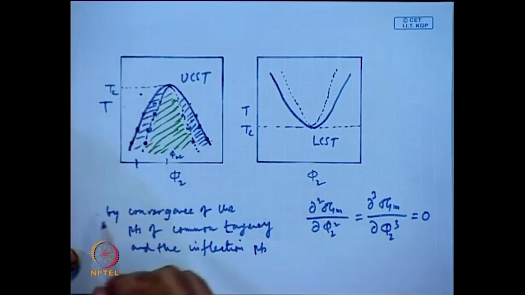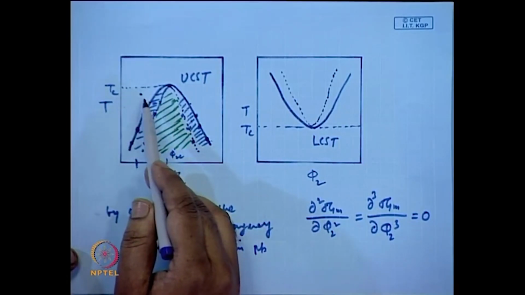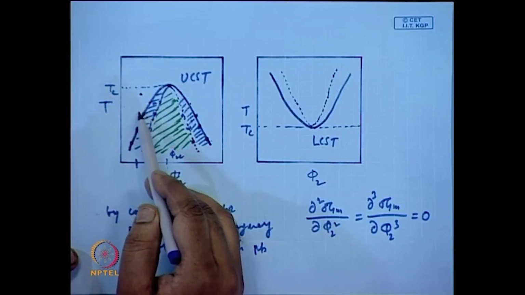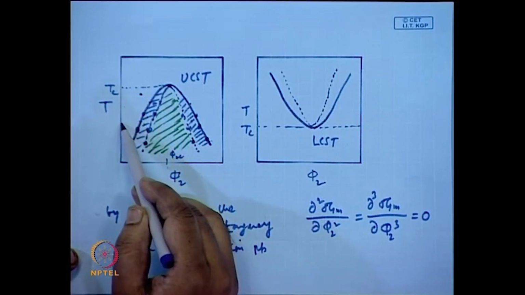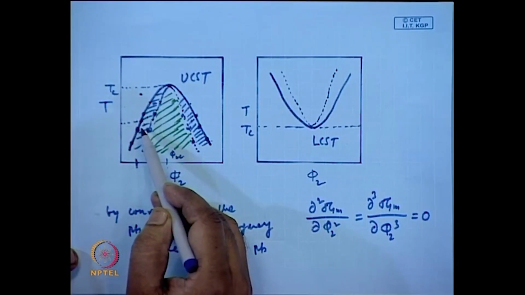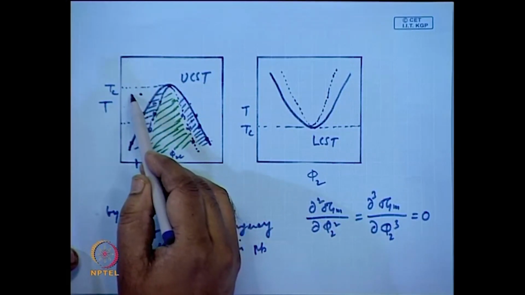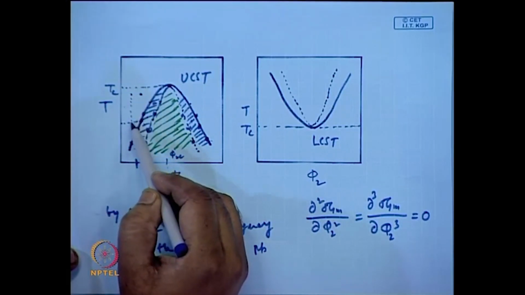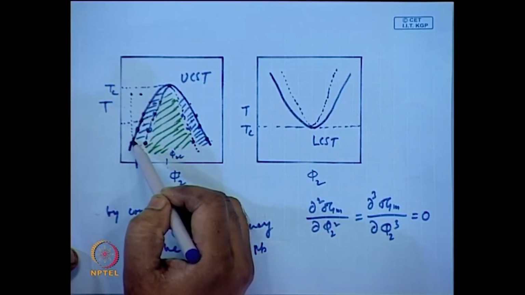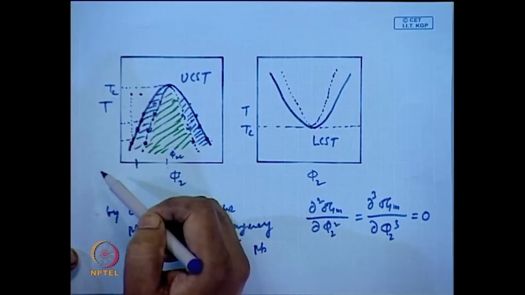obviously this is a single phase soluble system, and then if you cool the temperature, at this temperature they will start precipitating. They will start forming a two phase system, because though it is metastable, it is thermodynamically unstable. Similarly, if you start from this point, this composition, they will start precipitating at this temperature.